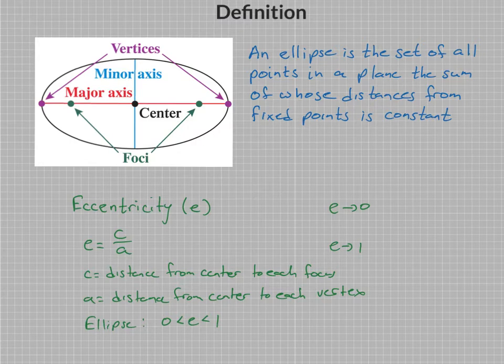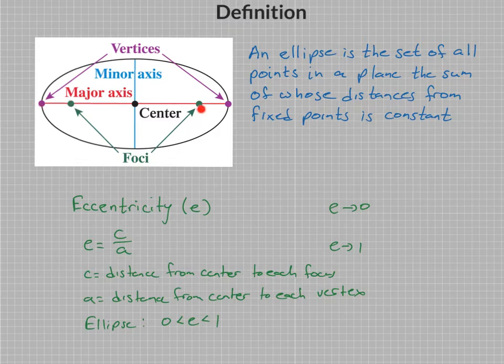And when we look at an ellipse, there's some features that you're going to need to identify. First up, the way we classify an ellipse is based on the major axis, which in this case is right here. The points that lie on the major axis are the vertices, which are at the endpoints of the major axis.